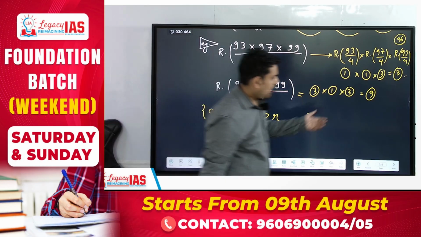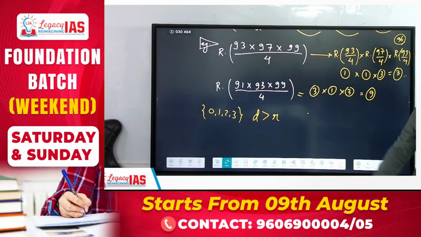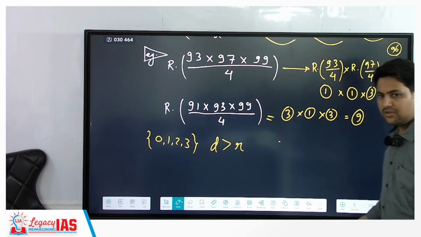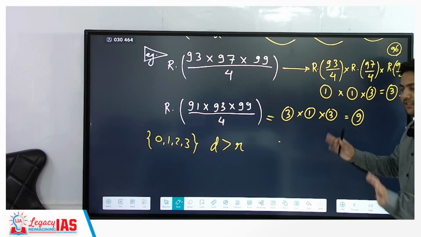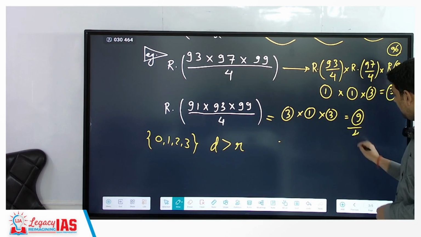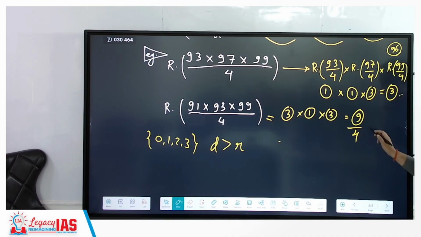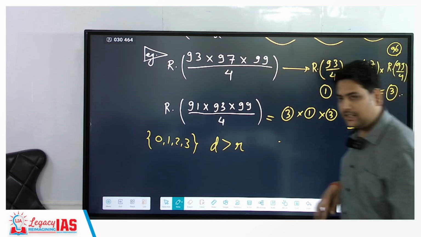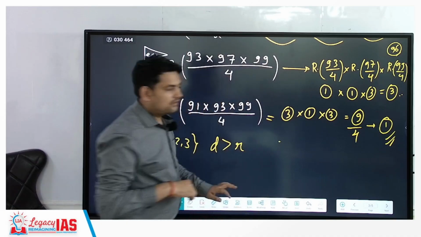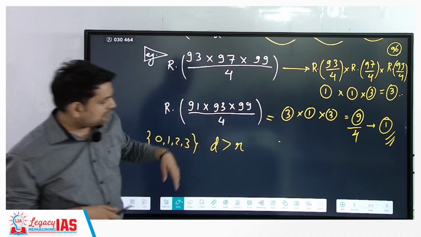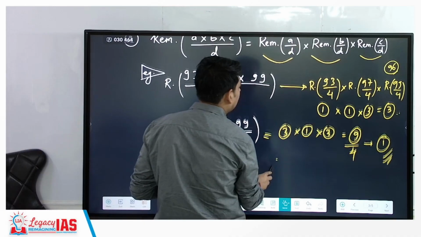So here also, now you are getting 9. 9 cannot be the remainder when it is divided by 4. So what do we need to do? Divide it further. Okay? So divide 9 further. 9 divided by 4 gives you remainder 1. This is your final remainder. Understood? So first thing we learned that it can be distributed like this.